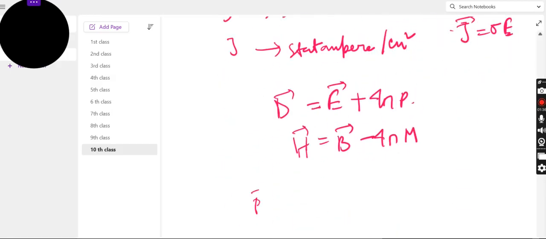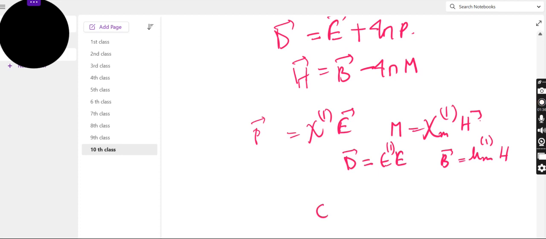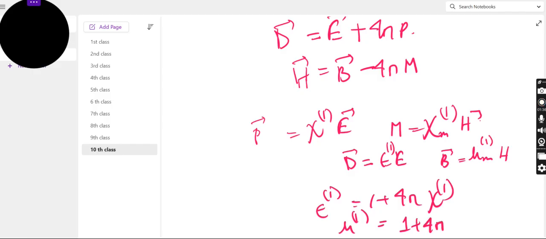So P is basically chi E, M is chi M H, D is epsilon E, B is mu H, and epsilon is 1 plus 4 pi chi E, and mu is equal to 1 plus 4 pi chi M.